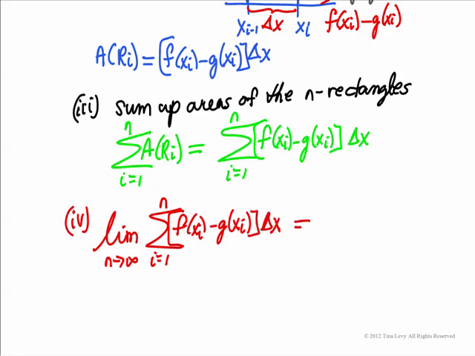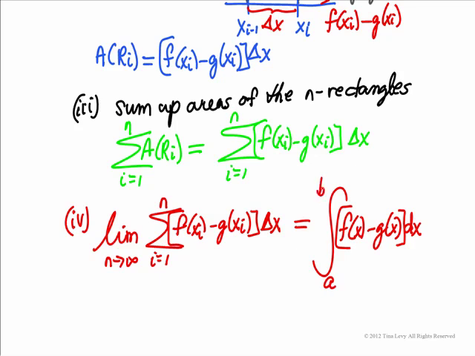So this is the definition of the definite integral. The f of x sub i minus g of x sub i becomes f of x minus g of x. The delta x becomes dx, and we are doing this area from a to b. And this is the area between the two curves.